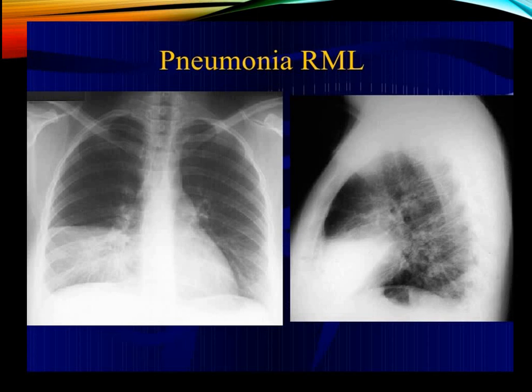Another example of patchy opacifications in the right lower lung zone. If you notice in the PA X-ray, this patchy opacification is limited superiorly by a very clear line. This line extends from the hilum to the lateral chest wall, and this is the horizontal fissure.